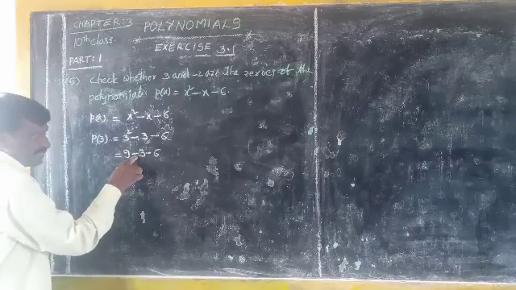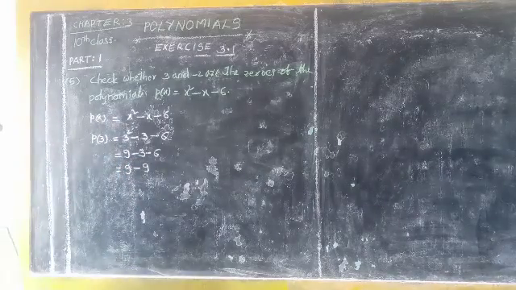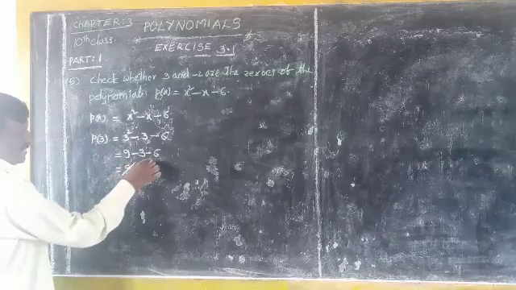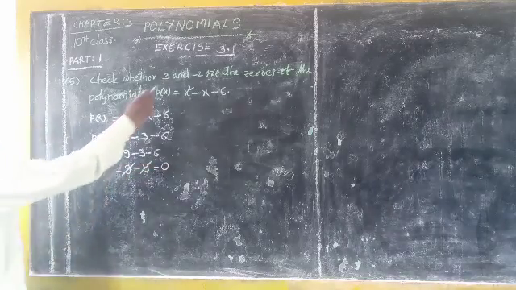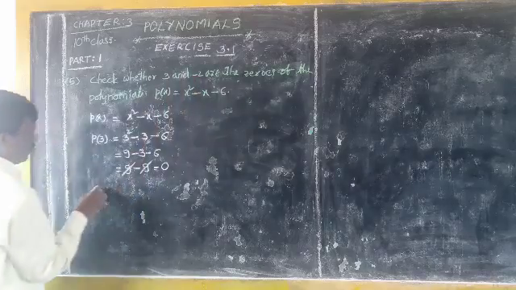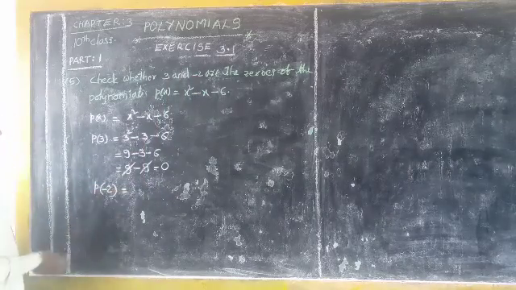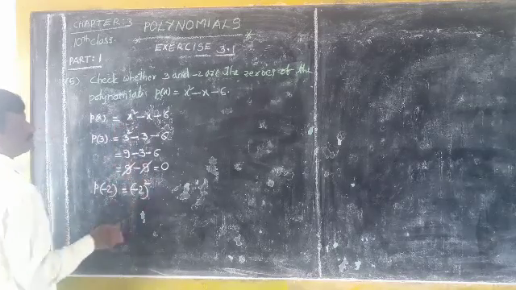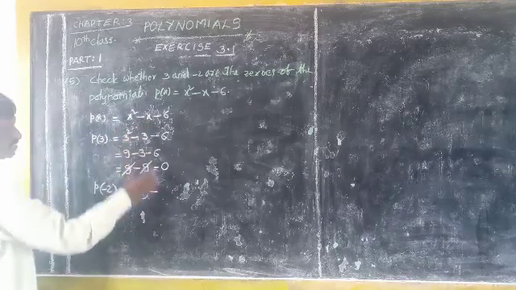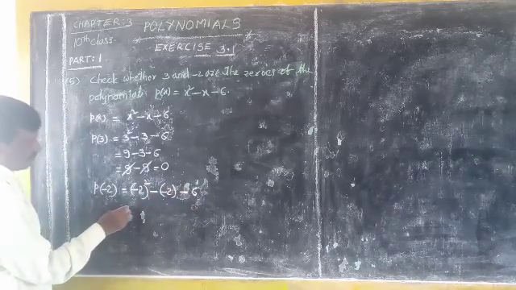9 minus 3 minus 6, that is 9 minus 9, which is equal to 0. So next, p of minus 2: instead of x put minus 2. Minus 2 whole square minus of minus 2, minus 6.